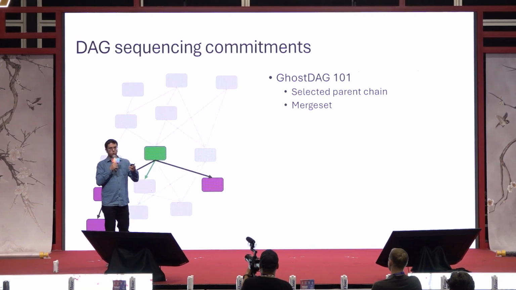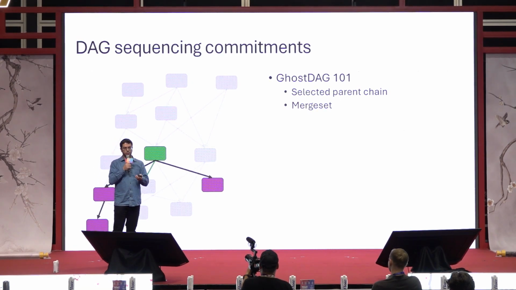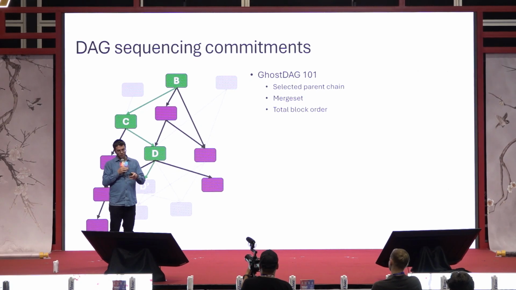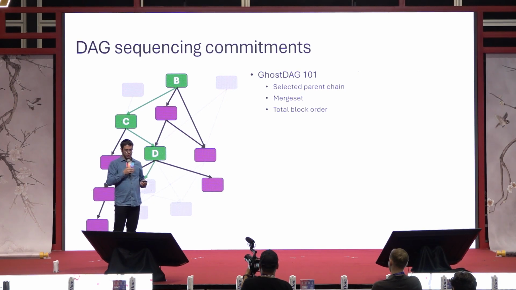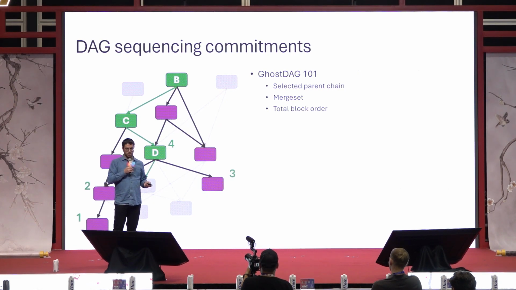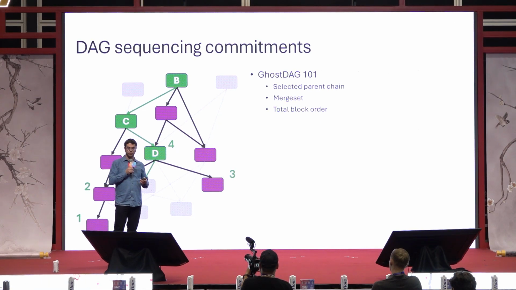The idea is we select this chain, and then we order the DAG by merge sets. If I go one step further, you'll see that there's D. C merged another block, and B merged two more blocks. And we can induce an order from this mechanism.